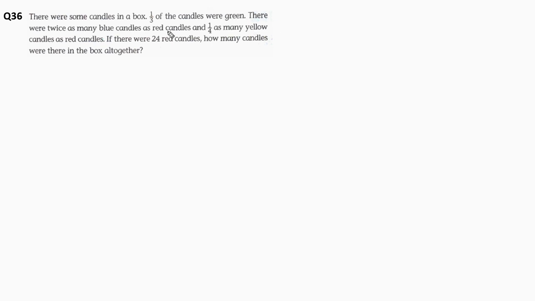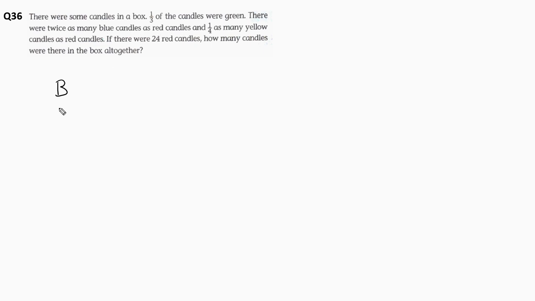So I think we're going to have to just draw a model that concentrates on the blue, red, and yellow to figure out what's going on there, and then we'll be able to relate that to the green.